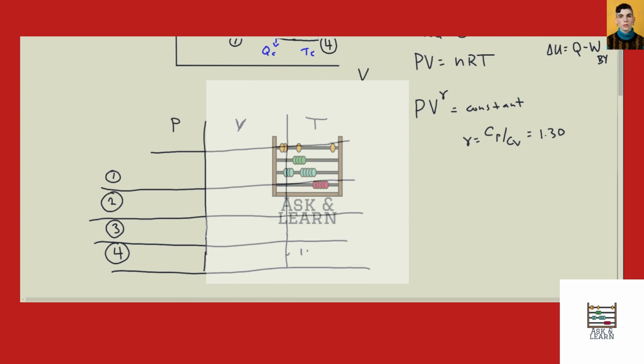And they give us the ambient temperature as 123 Kelvin. Now that's good because we now know the temperature at point 1 because of the isothermal process. They also tell us that we are at 1 atmosphere at that point, but they don't tell us what 1 atmosphere is, other than, it's ambient there.